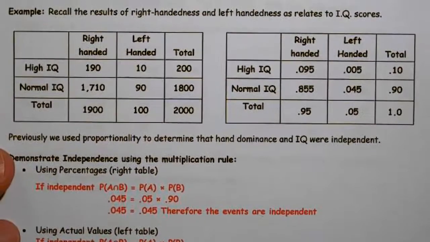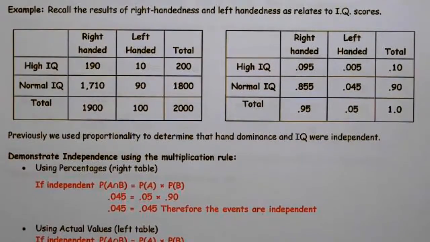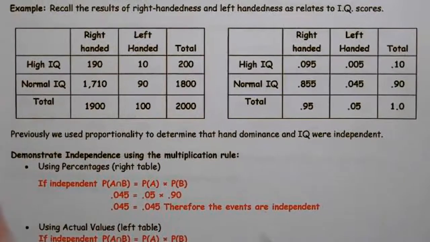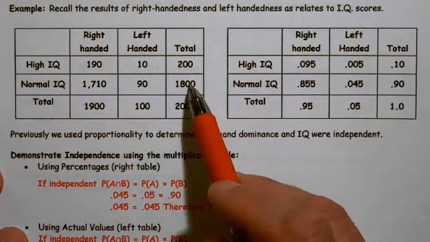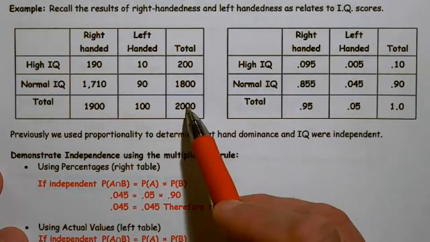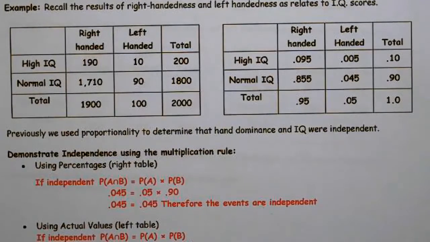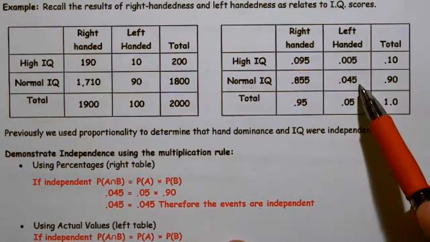If I had used actual values, I would set up 90 over 100 times 1800 over 2000. I chose not to do that because it would have given me exactly the same answer.